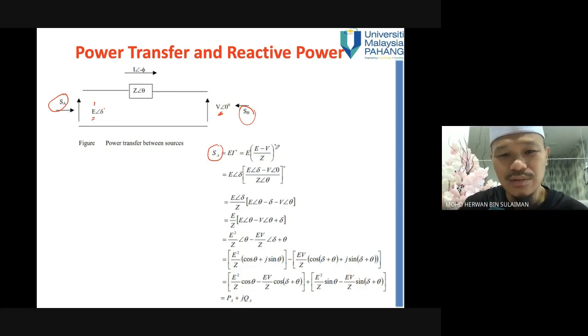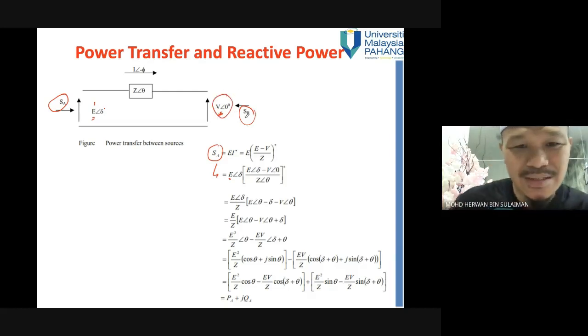You conjugate it, and you make it in terms of vector: E, with the magnitude and angle theta. And your V normally, because we want to maintain the voltage level at the receiving end, so that's why we maintain it as the reference, zero.